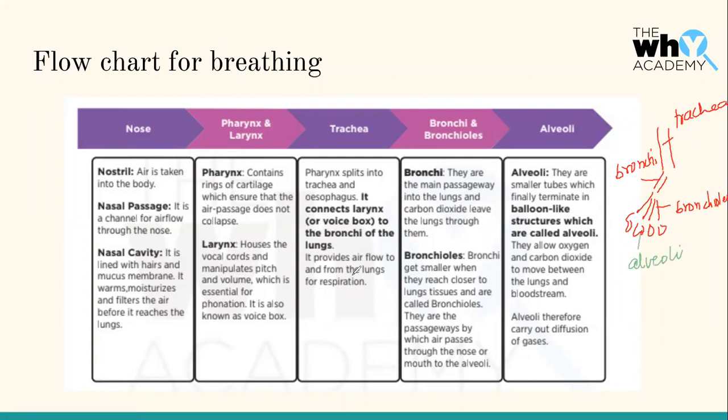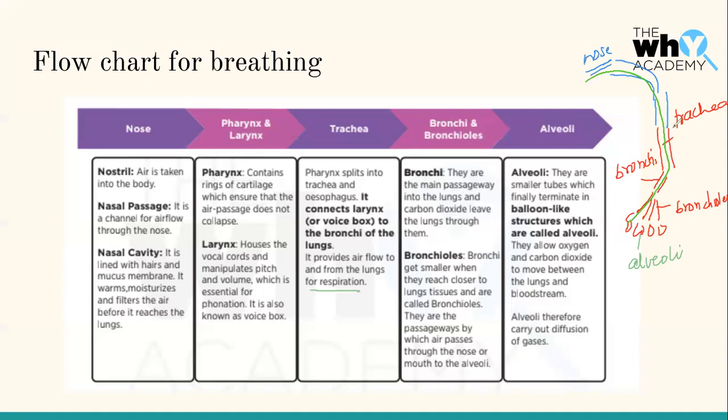So what they are trying to say, it provides airflow to and from lungs for respiration, is because of whatever air you are inhaling, correct? If you go a little up here, you have pharynx, larynx, and then you have your nose or nasal cavity here. So whatever air you take in, you will be taking in like this, and then finally it will reach the alveoli in your lungs like this.